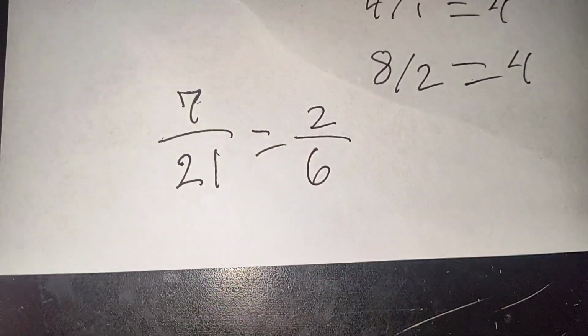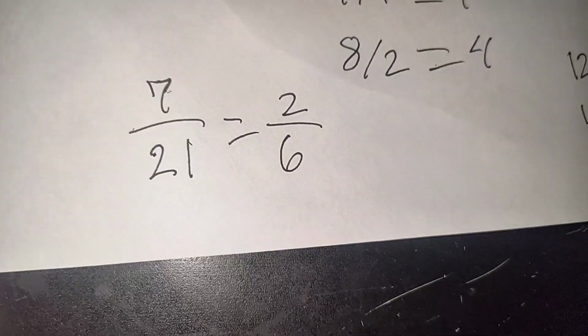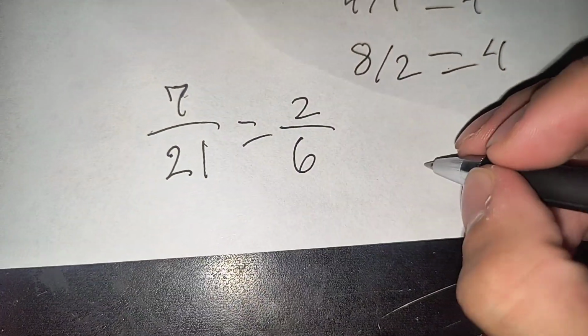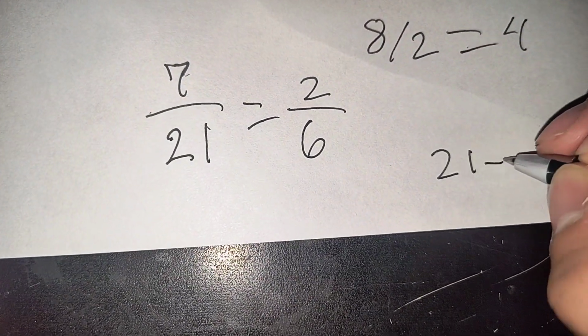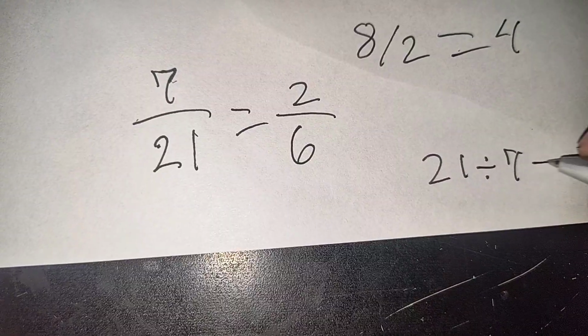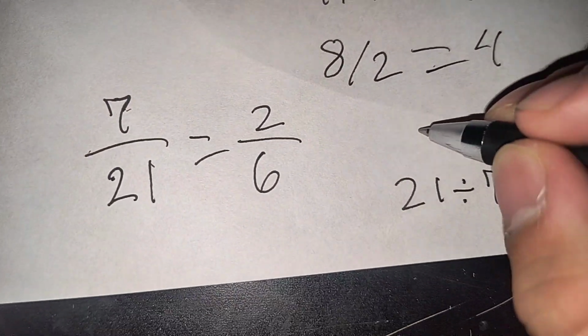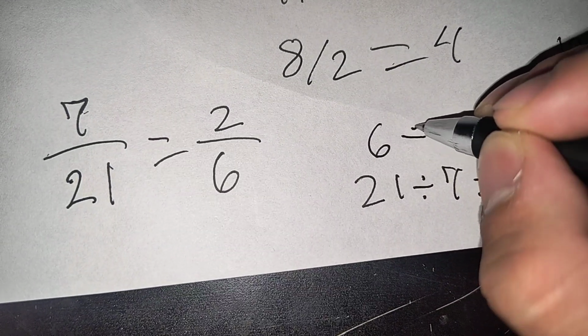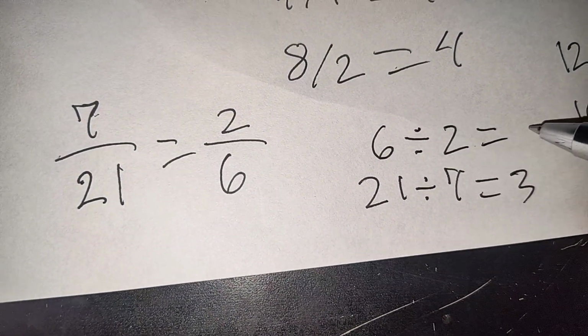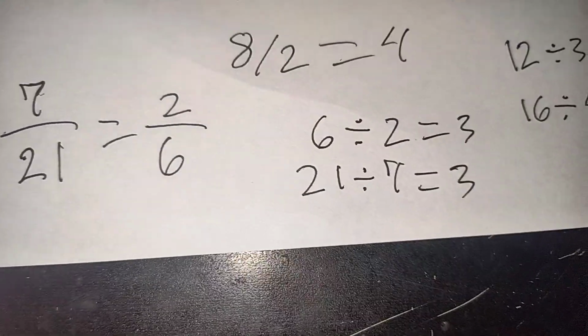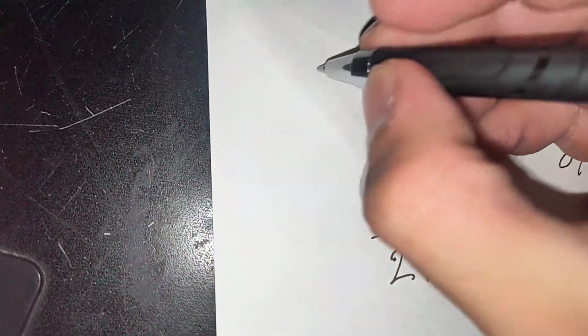Again, we have to see if they make up the same amount of the whole. If I do that, we can divide 21 by 7, and we get 3. And then 6 divided by 2 is also equal to 3. So they're equivalent fractions.